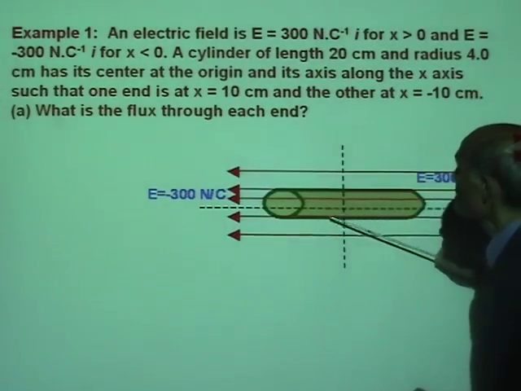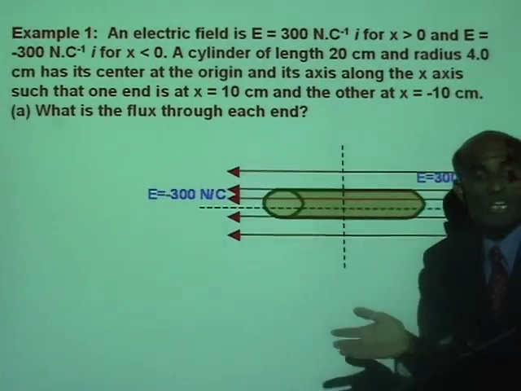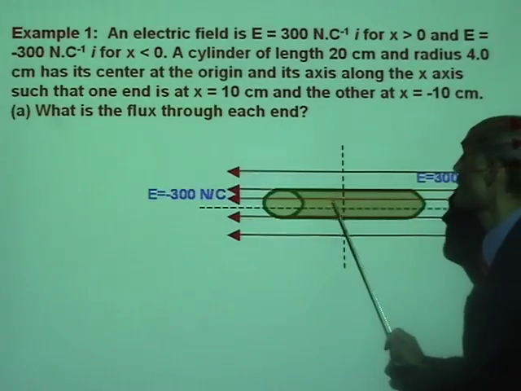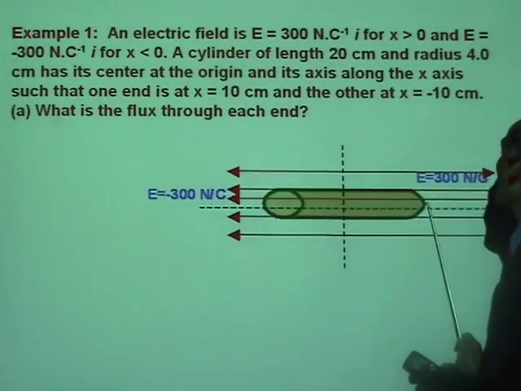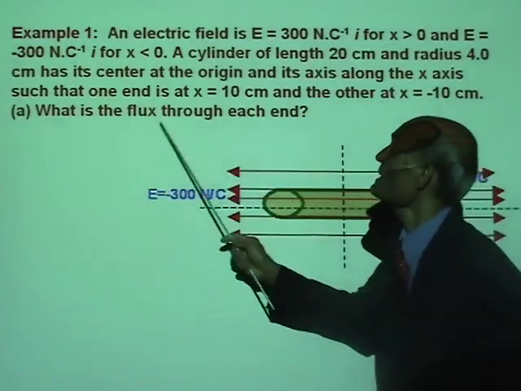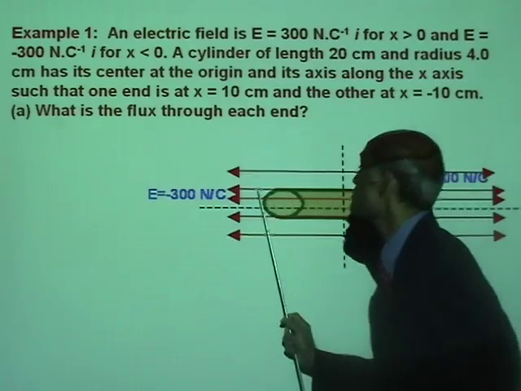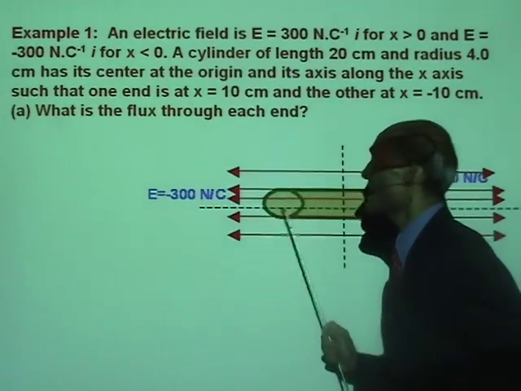And now, there is a cylindrical surface lying so that the origin is inside that cylinder. One end of the cylinder is at negative 10 and the other end is at positive 10. And we need to find the flux through each end. What is the flux crossing that end?